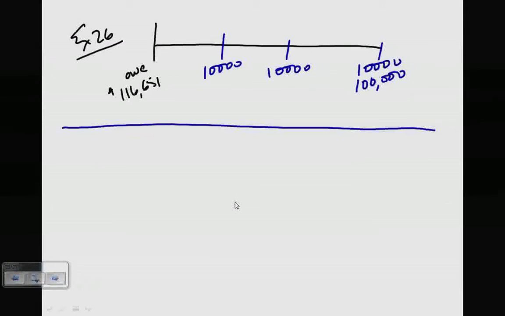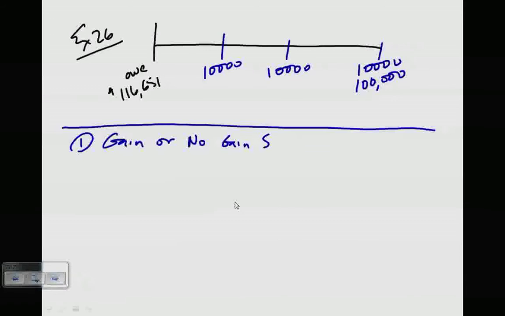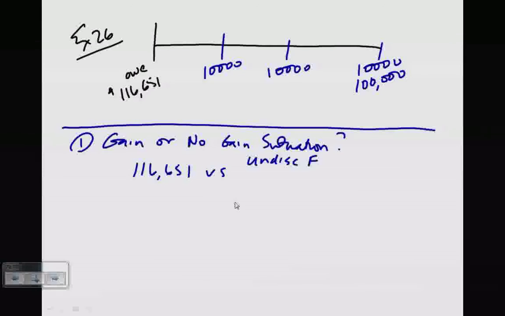And so remember, with the restructuring, the first question that we ask is, is this a gain or no gain situation? In this situation, what we're doing is comparing the amount that we currently owe, $116,651, versus the undiscounted future cash flows.